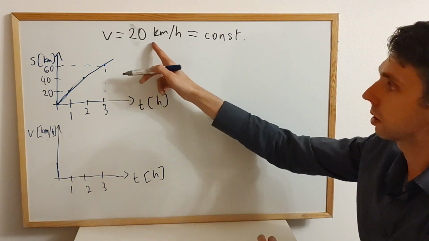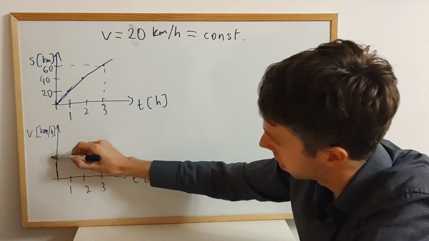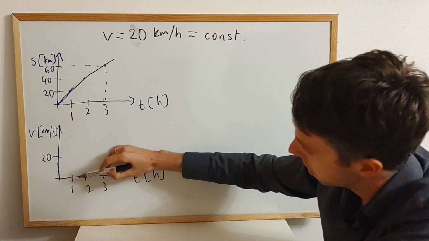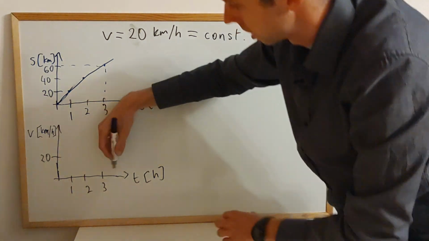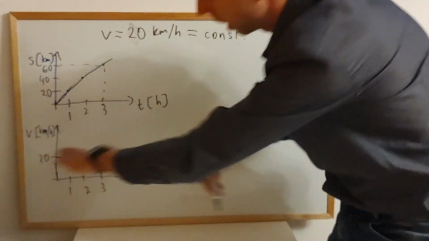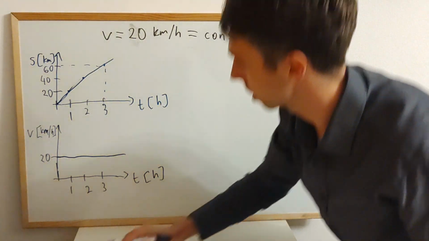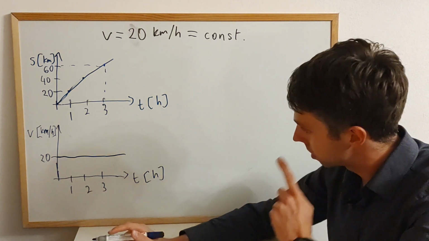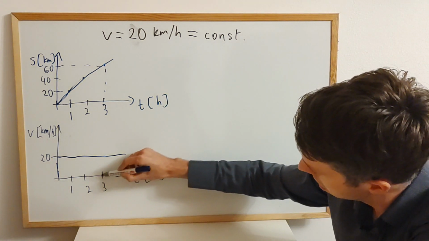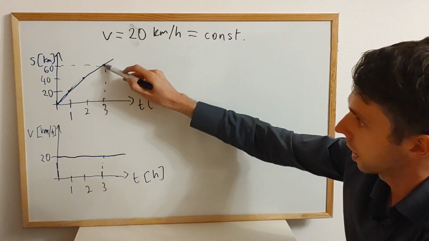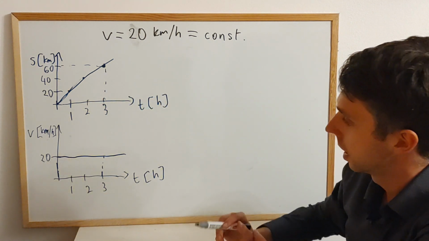But speed is all the time the same, so it's all the time 20, no matter after which time. So the plot of the speed is just the horizontal constant line. So now let me draw a line like this to limit on 3 hours, like here.